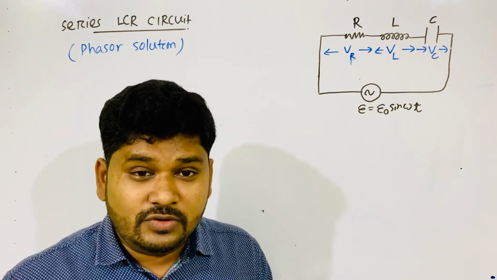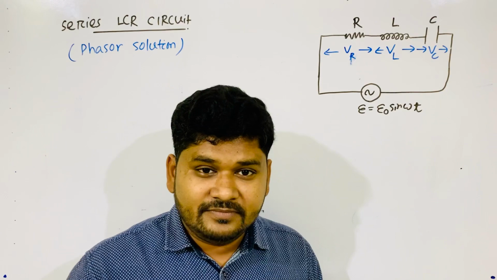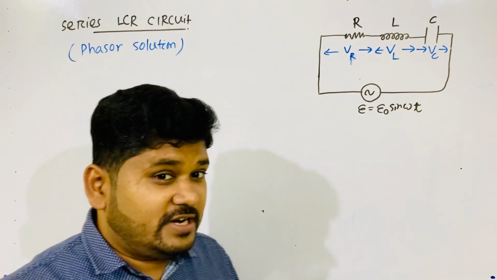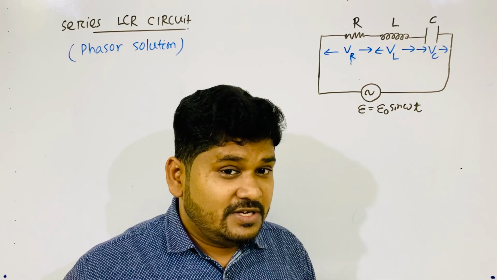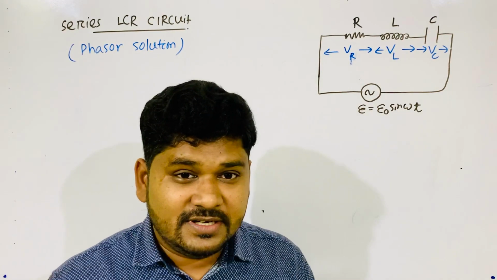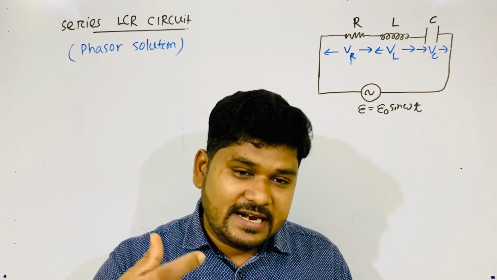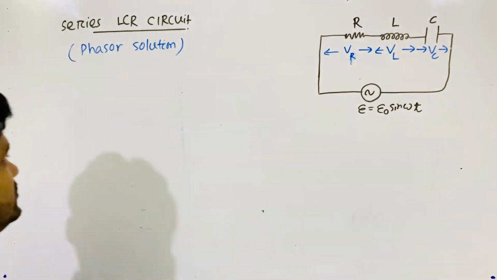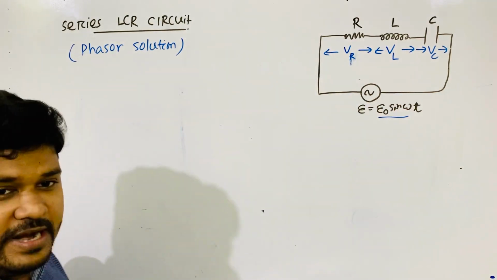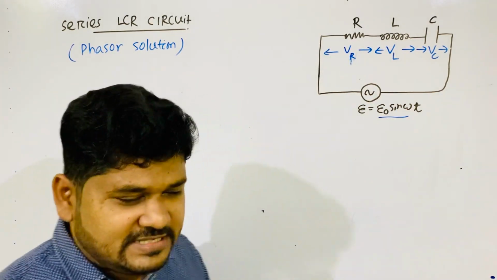If you don't know, then you take it as let. No problem, you will take the current expression as let. In previous derivations, you found the expression of current, but in this derivation, you will take let and find it after that. Let the alternating EMF be given by E equals E0 sin omega t. This is as usual.